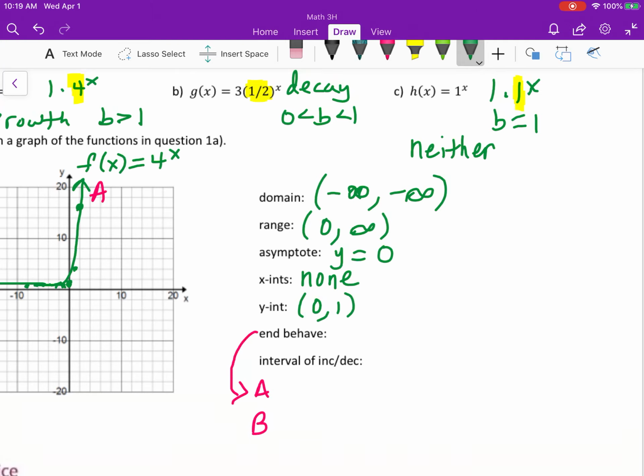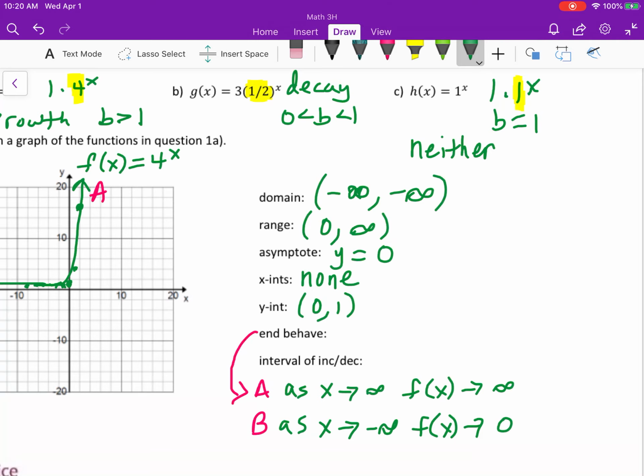Now, A, you'll notice as x is getting bigger, so as x is approaching positive infinity, it's also going to continue to go up to positive infinity. That's that branch. The B branch, now I have to look to see what the x is doing. Well, the x is obviously going to negative infinity. But what's happening to the y's? They're getting closer and closer to 0. You need to brush up on your end behavior.